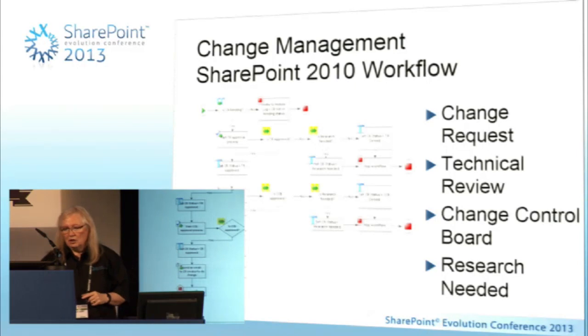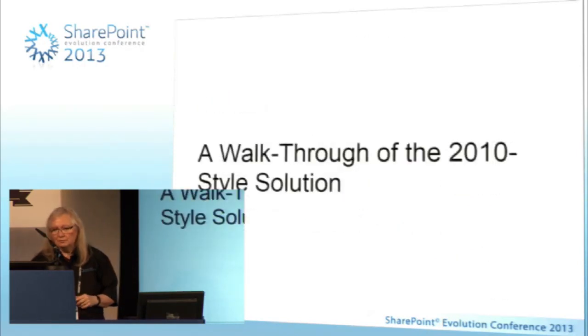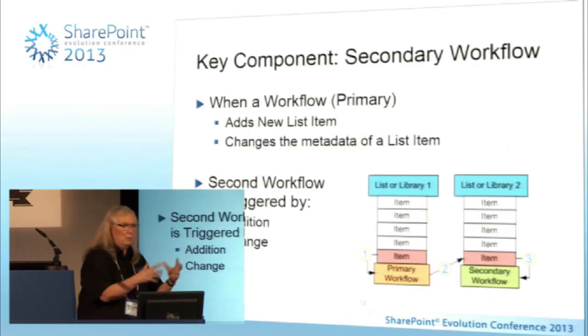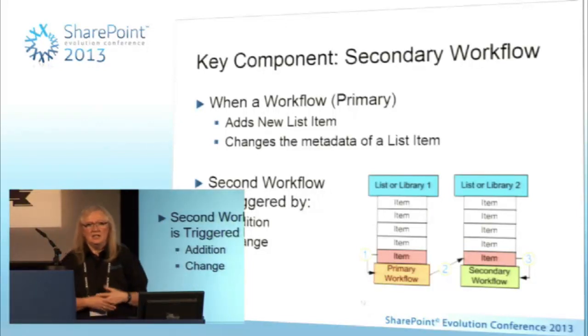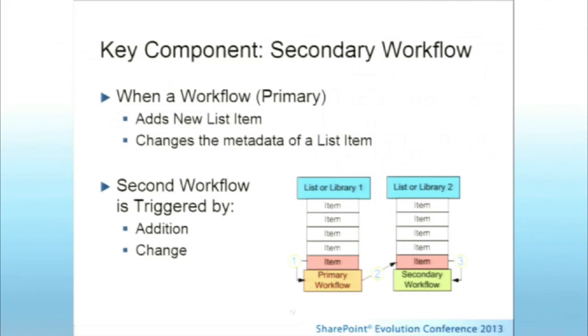So we have used two workflows. The primary workflow in fact does the bulk of the work, and it's the workflow if everything is hunky-dory, and the technical reviewer says yes on the first occasion, and the change request board says yes on the first occasion.